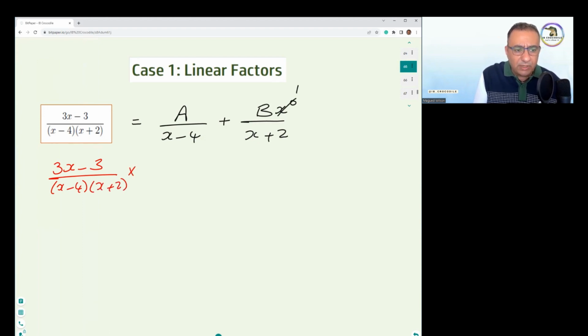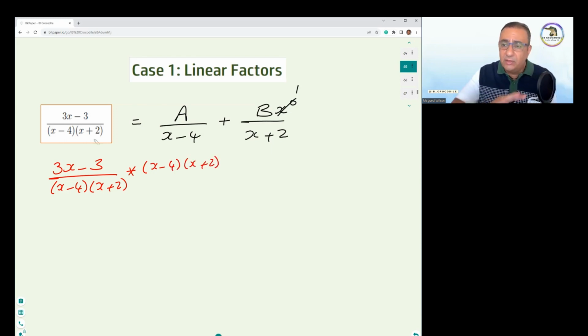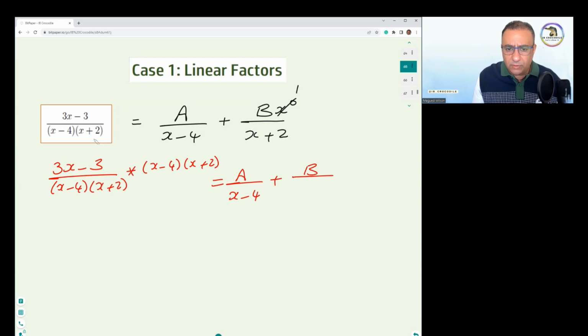I'm going to multiply this side by x minus 4 times x plus 2, so you multiply both sides by this whole denominator. And that is equal to a over x minus 4 plus b over x plus 2, and that is also multiplied by x minus 4 times x plus 2.